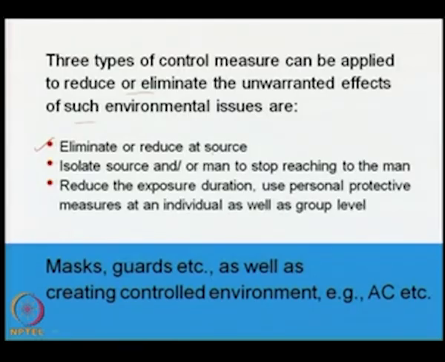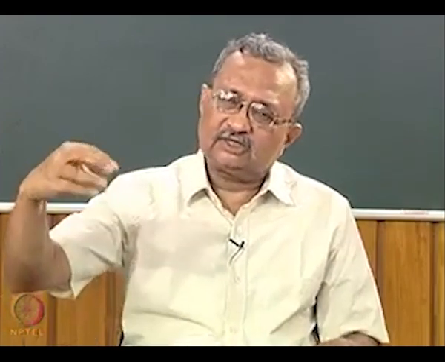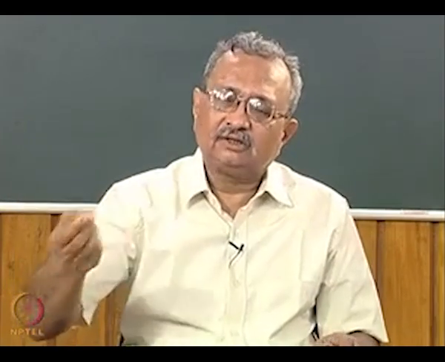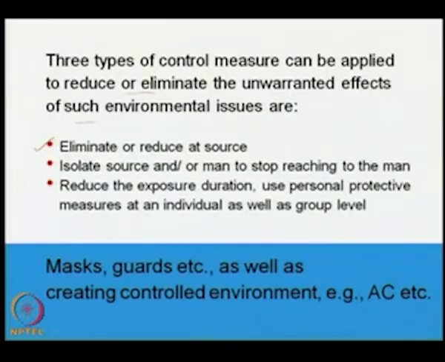If there is some problem, like heat, that I cannot work with, for example when I am working and there is an incandescent lamp, it gives off heat. So, at the source I can change it to some other lamp that does not produce that much heat. By this we eliminate or reduce at the source.